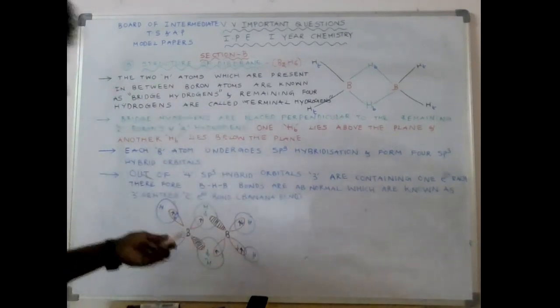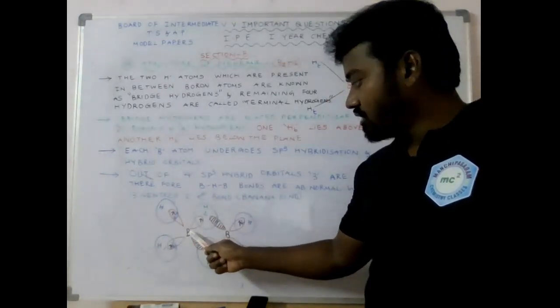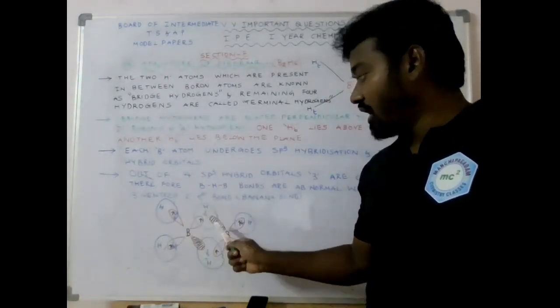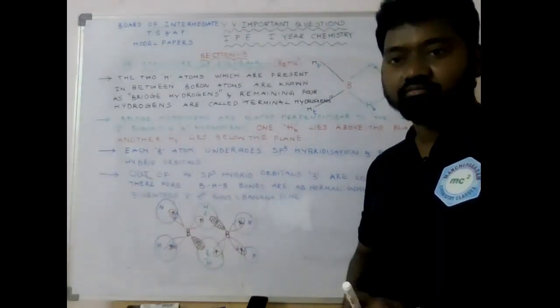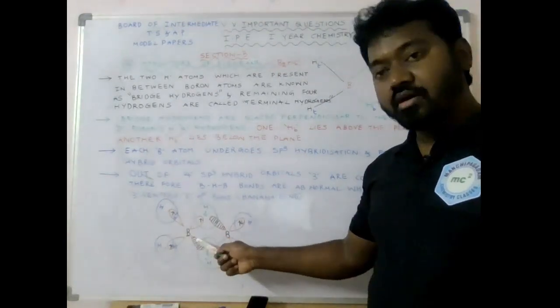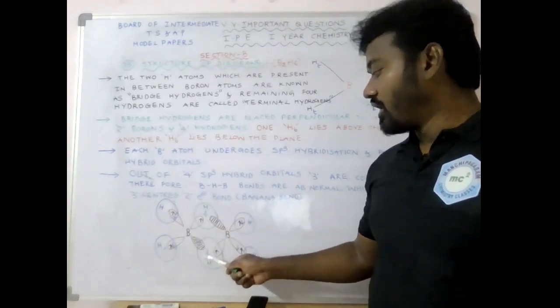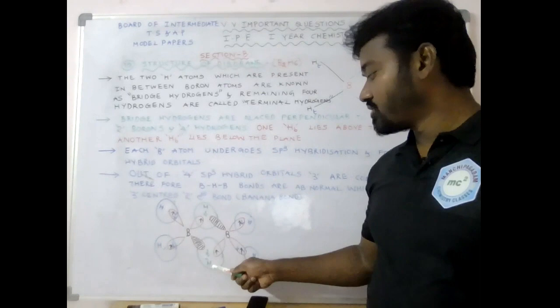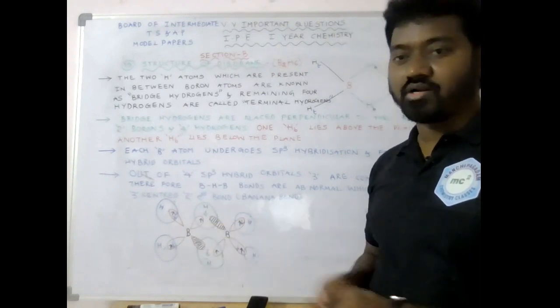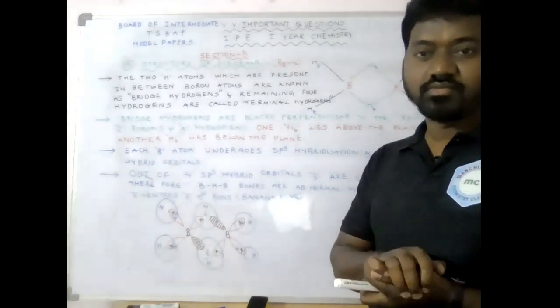So here the bond is formed by one electron of boron, one electron of hydrogen, and the empty orbital of another boron. Here also, the electron of hydrogen, the electron of boron, and the empty orbital of another boron. Three centers are sharing only two electrons, right?